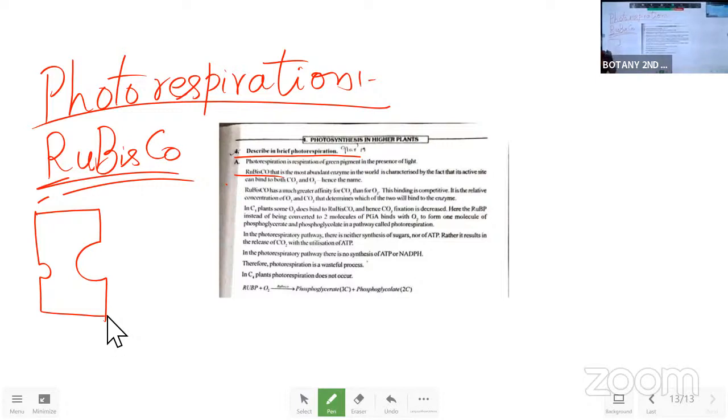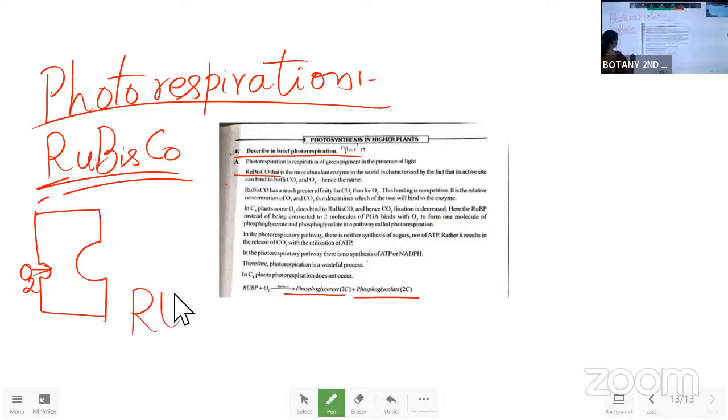Now once the oxygen molecules block the activation site, then immediately this Rubisco enzyme will start converting it into the phosphoglycerate and the phosphoglycolate. Okay.